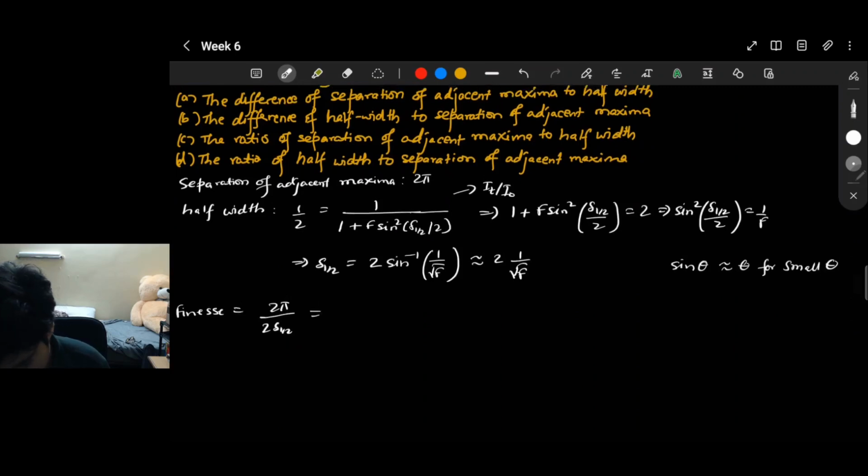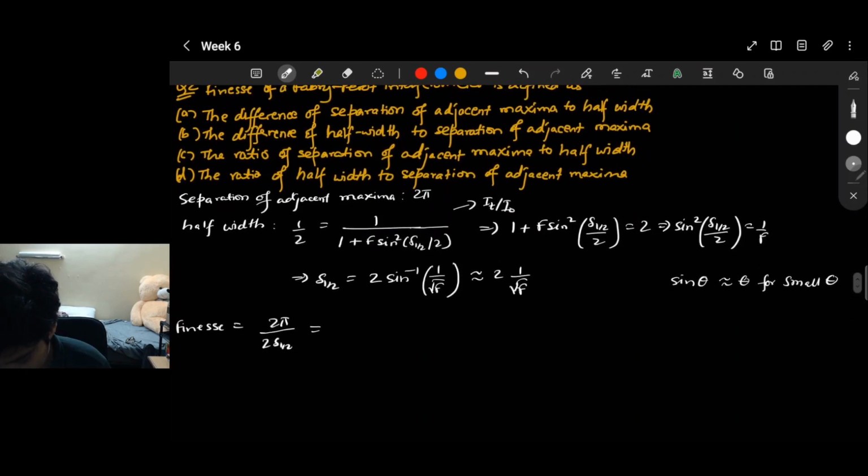So this is how it is related to coefficient of finesse.